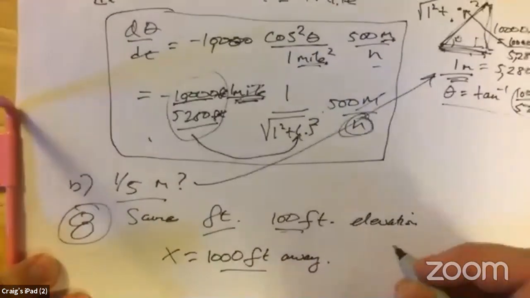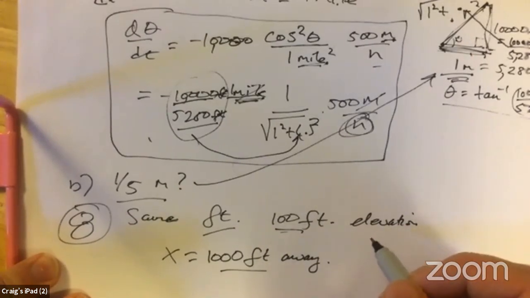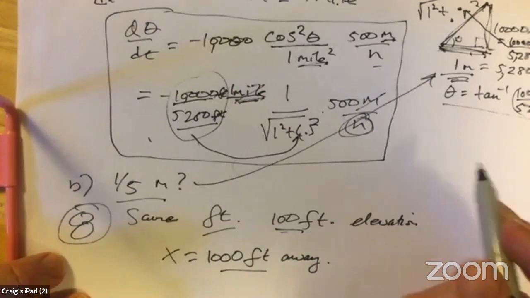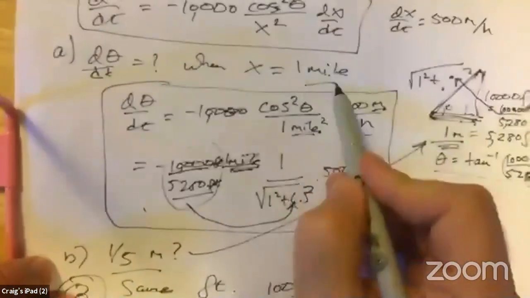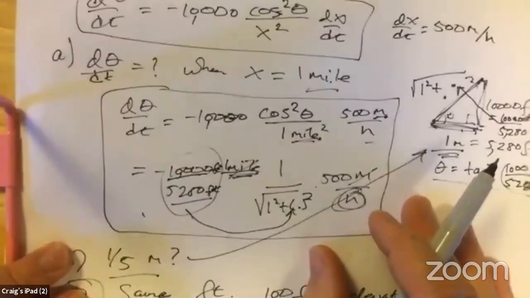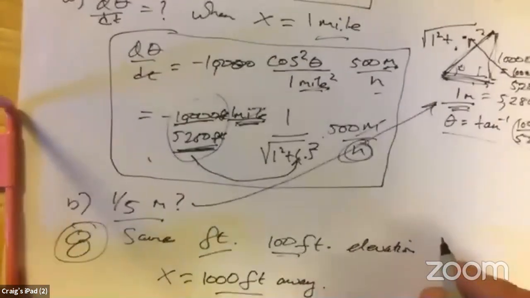And so the whole thing is a matter of converting from miles to feet. So if you still have this thing moving at 500 miles per hour, you have to make sure that everything is in the same units. And so just remember that 1 mile is the same thing as 5,280 feet, and then you're good to go.